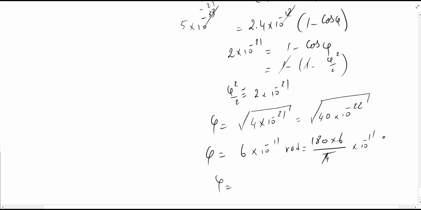So phi in degrees is 6 divided by pi, which is roughly 2, because pi is 3 point something, and 2 times 180 is about 3.6? Guys, you need to check these numbers for me, okay? That is really your task here. Sorry, not negative 11. I already did the conversion, because I have 2 digits here, they need to move there. So this is negative 9 degrees.